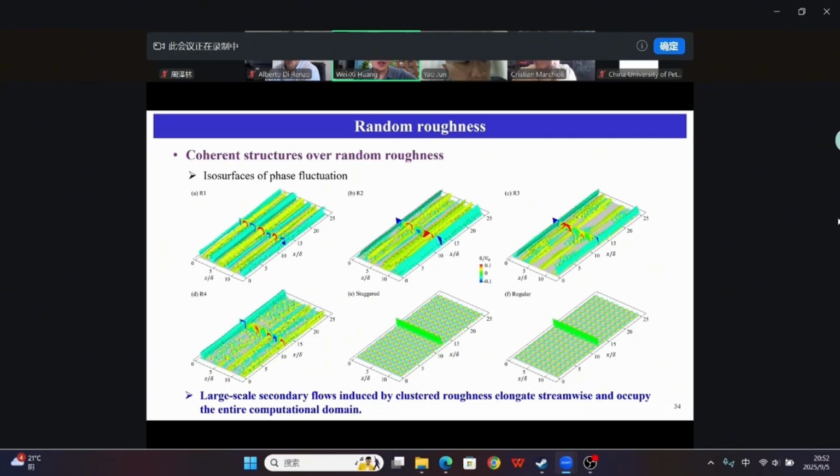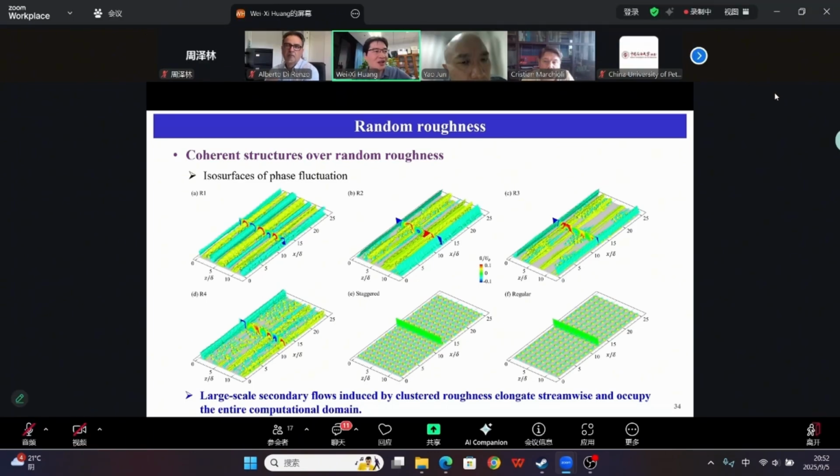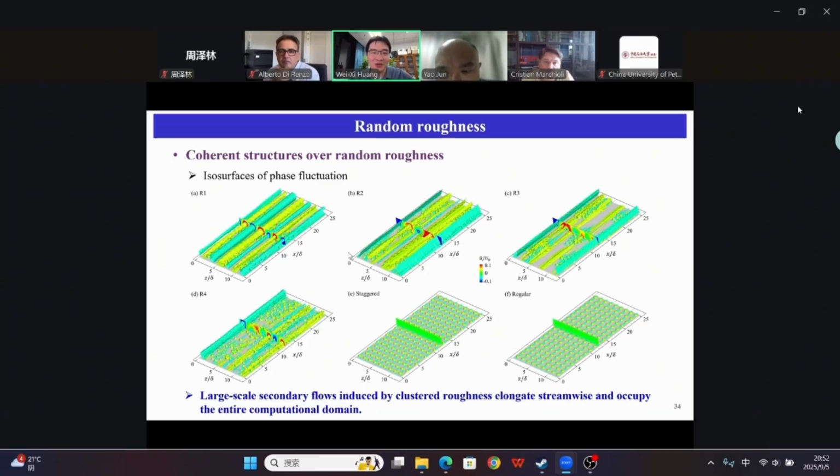From the governing equation, we can also explain this, because the Reynolds stress transport will be different due to the non-uniformity of the boundary.